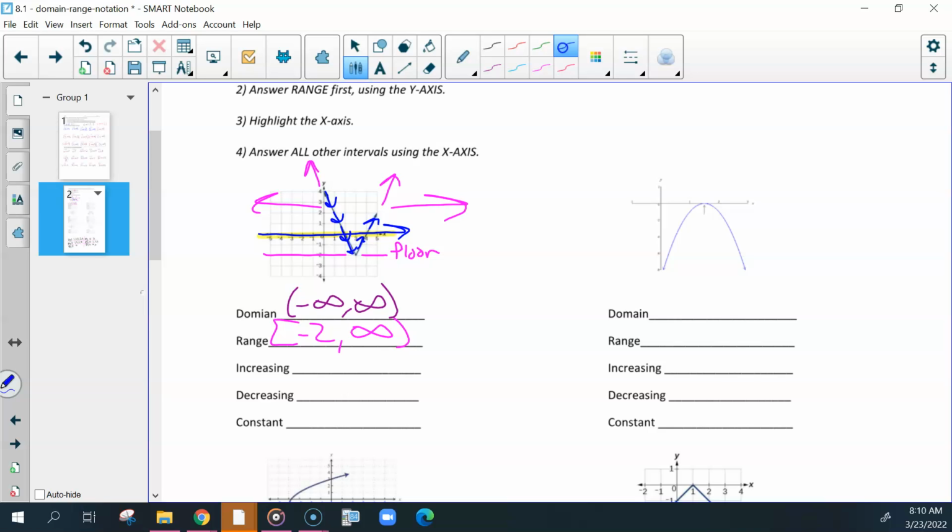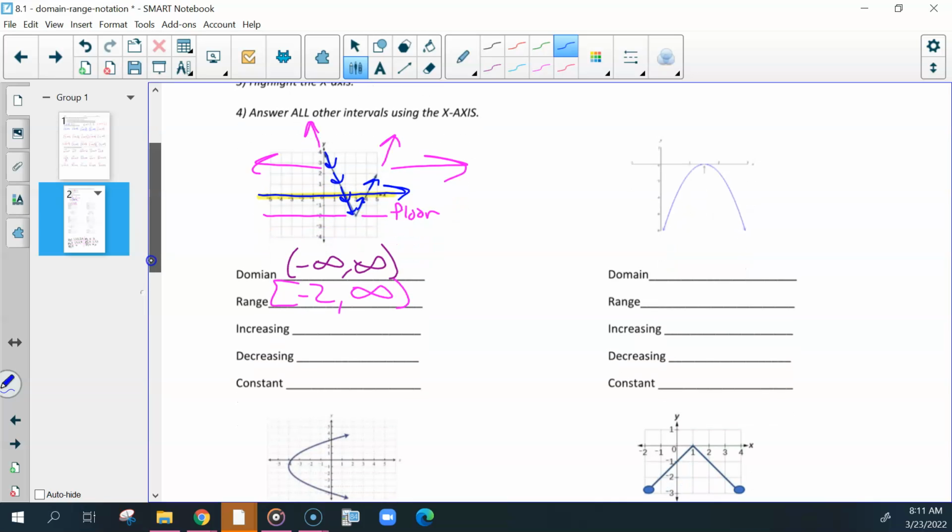So for increasing, that would be anywhere where your x values are increasing as well as your y values. Decreasing would be where your x values are increasing but your y values are not. Constant would be where your x values are increasing but your y values are staying the same.